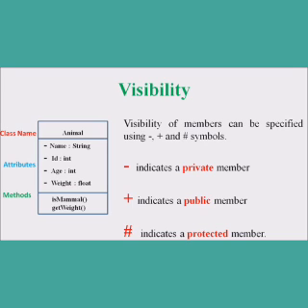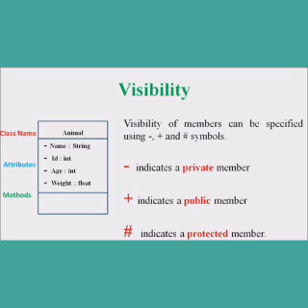A public access specifier means these values can be accessed by any object throughout the program. But a private member can be accessed only by that class as well as by the classes derived from that class. That is, private data can be accessed by a class as well as by a child class only. In the case of a protected member, the protected data can only be accessed by that class only.